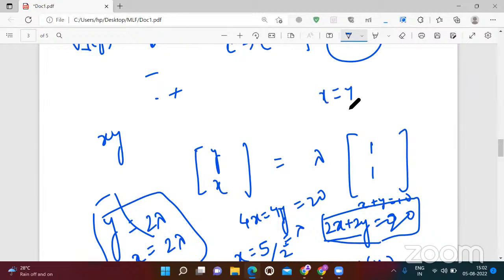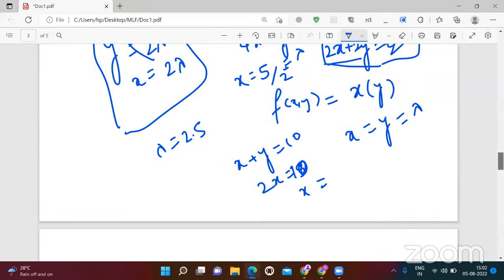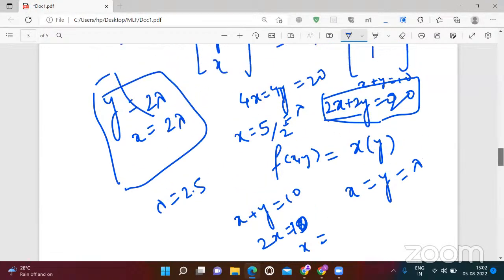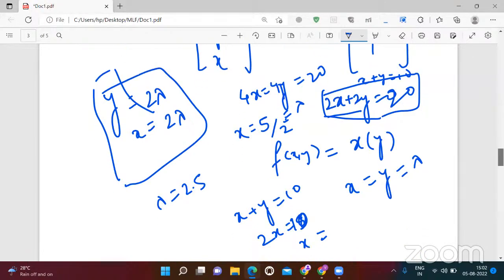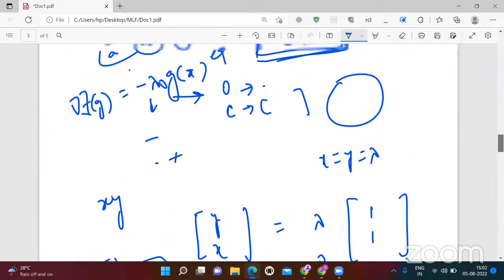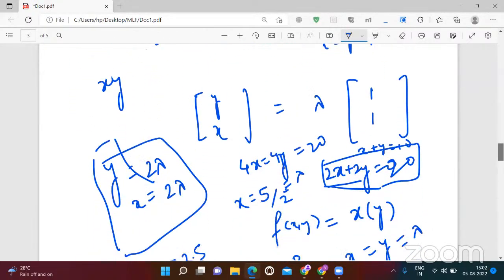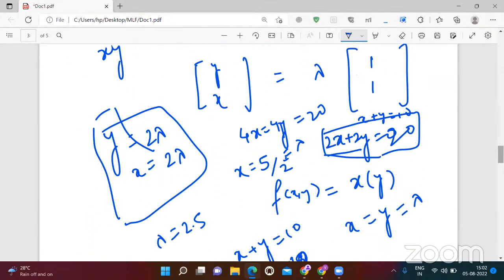What x equals y equals lambda we got here. So what are you saying? Yeah, when we are simplifying grad g, at that time we are dividing that grad g by 2, right? So I guess we have to divide grad f by 2. Then maybe lambda is the same.